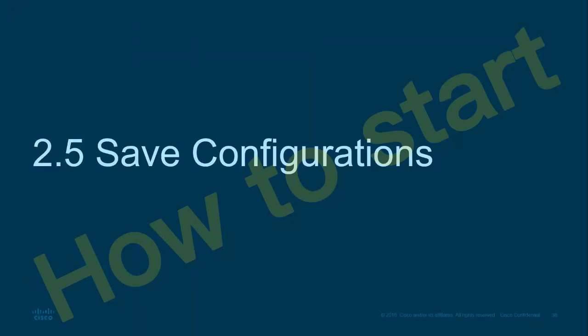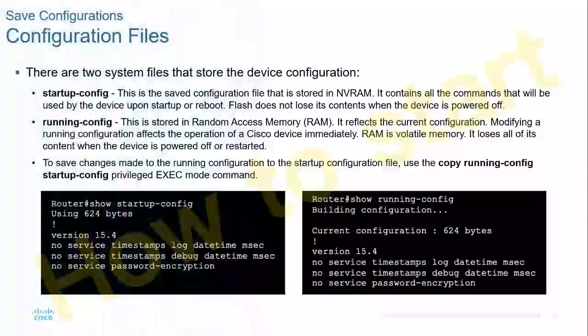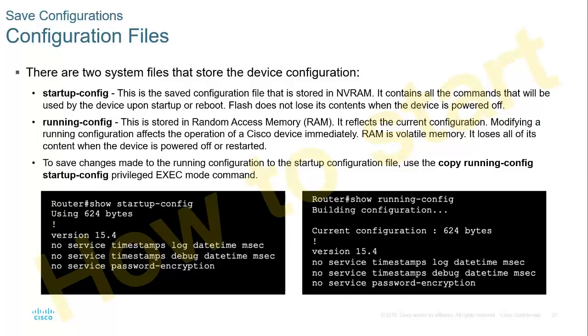So let's talk, how do we save our configuration? If you are doing the configuration, it is stored as a running configuration. The issue is if the device restarts, anything that's running that hasn't been saved will not be there. So we need to actually save the running configuration.